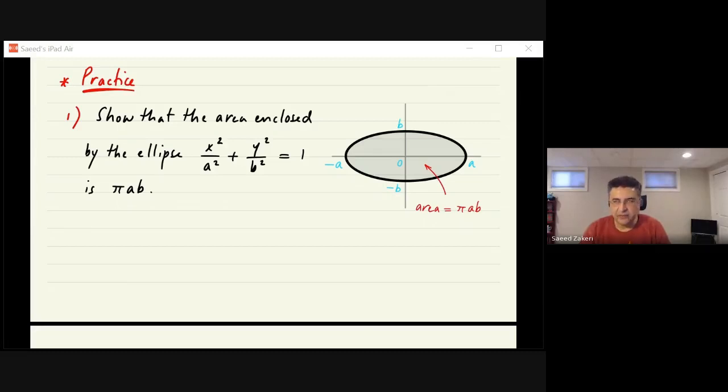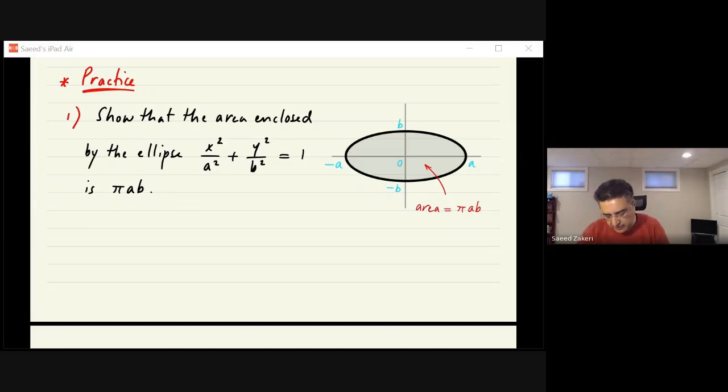We saw more than a couple of examples of trigonometric substitutions last time. I would like to do two more problems that, one way or another, depend on trigonometric substitution. The first one doesn't look like a trigonometric substitution problem. It's a geometry problem. Show that the area enclosed by this ellipse, whose equation is x squared over a squared plus y squared over b squared equals 1, is pi times a times b.